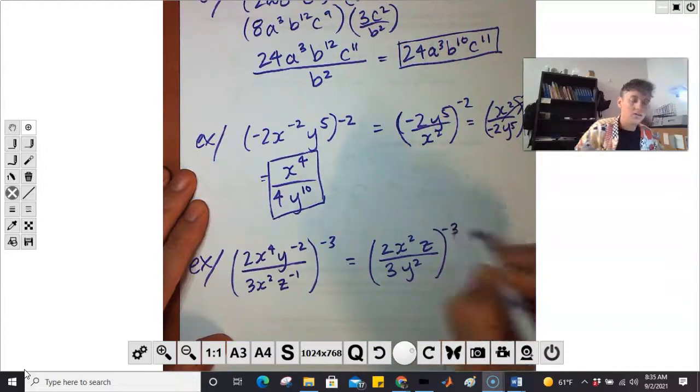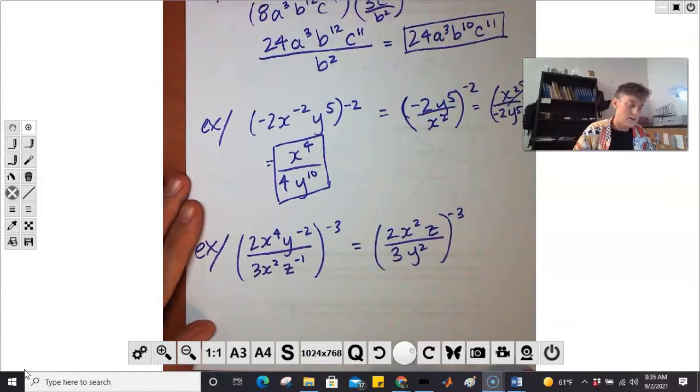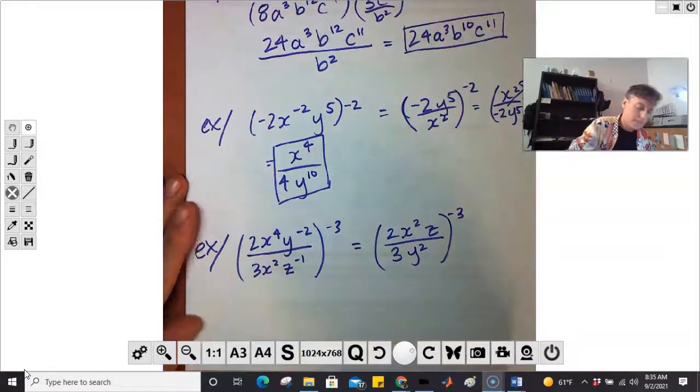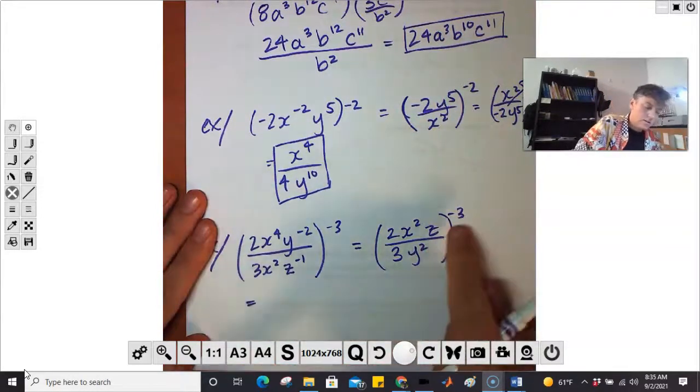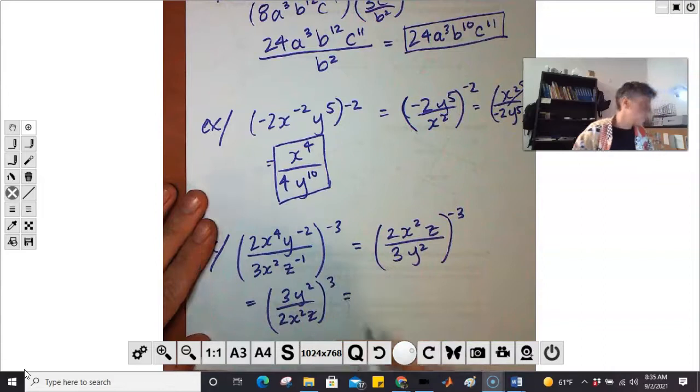All of that is to the negative cube. All right. So now let's rewrite this as the reciprocal to the positive 3 power. So we'll have 3y squared in the top, 2x squared z in the bottom to the positive 3.